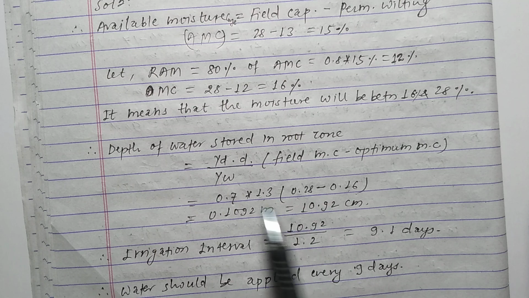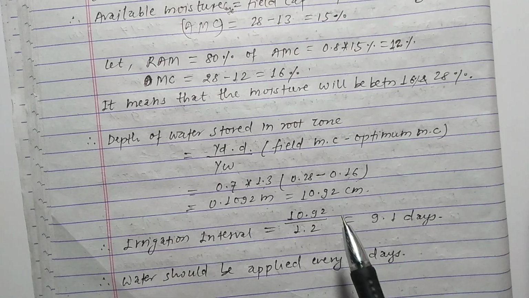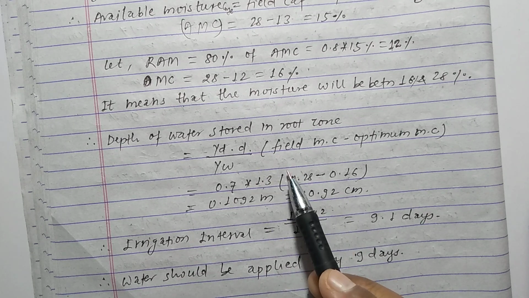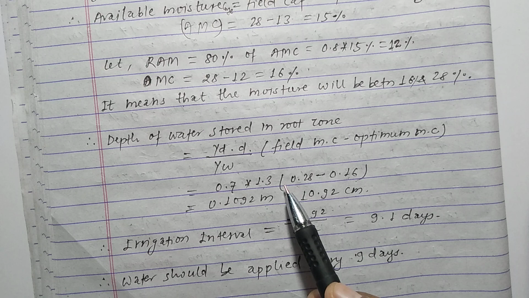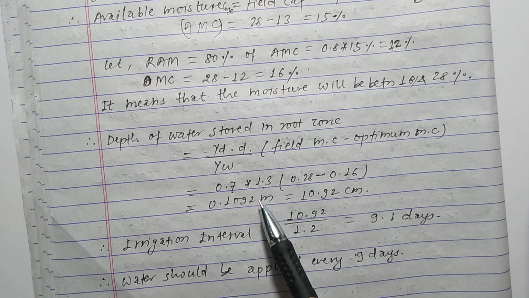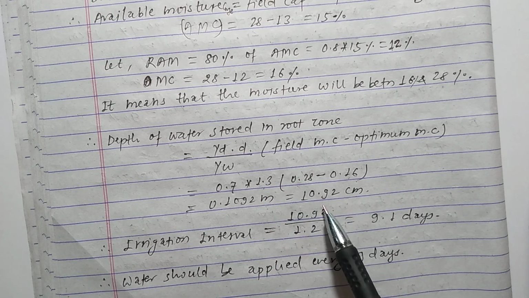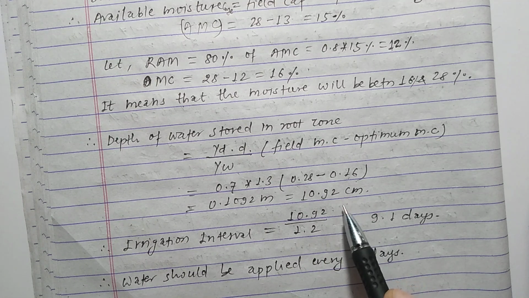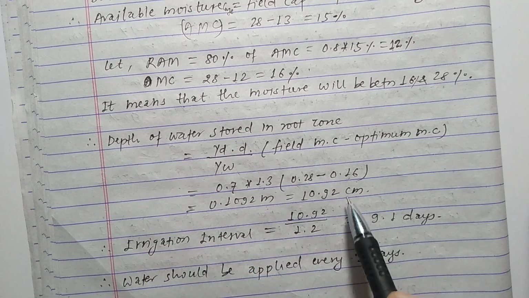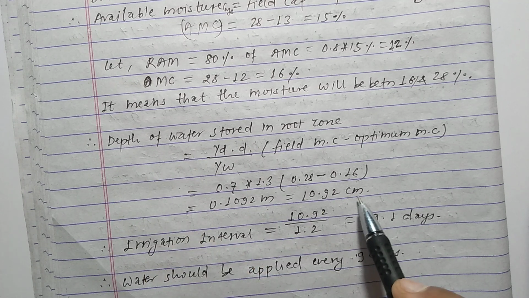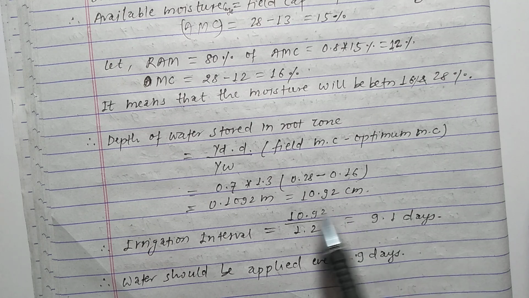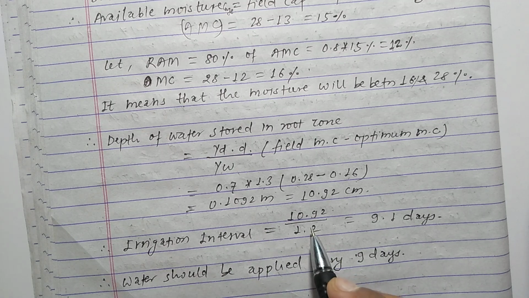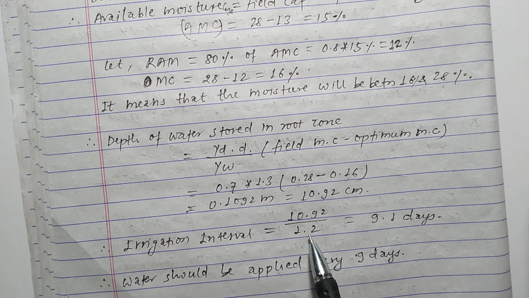After calculating, we get the depth of water stored in the root zone equal to 0.1092 meter, because all these values are in meters, which is 10.92 cm. So we have calculated the depth of water stored in the root zone equal to 10.92 cm. Now we have to calculate the irrigation interval, for which we have to divide.